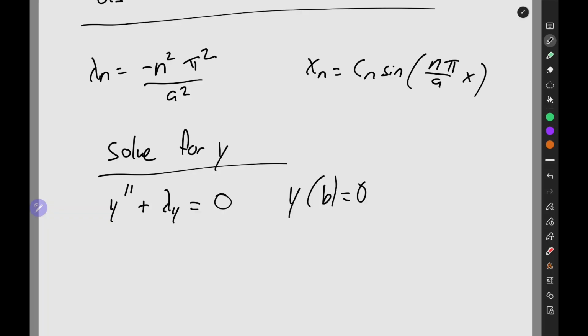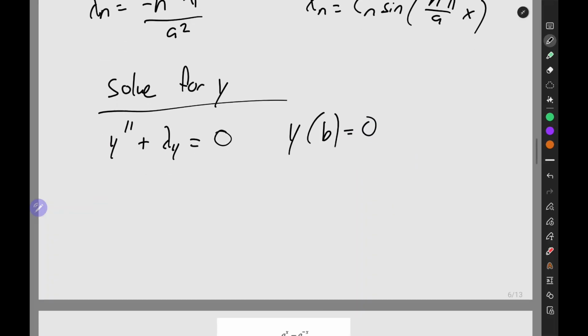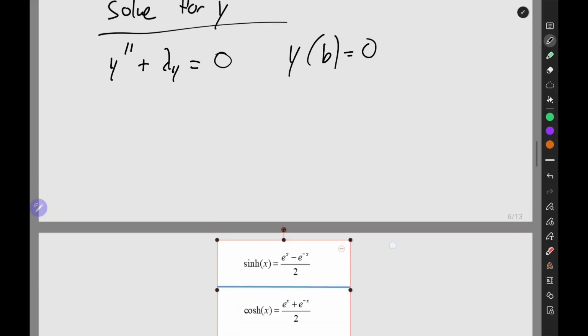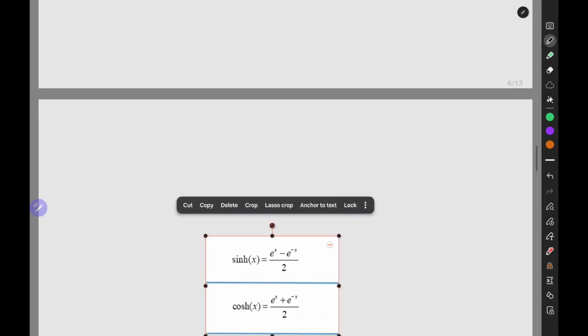I'll tell you right now, this problem is so difficult for people to figure out, because you don't expect it coming. It's the only kind of problem that's like this for Laplace that I know of. I'm not sure about the side boundaries. It probably would be the same deal with y of a equals 0. Subtle foreshadowing.